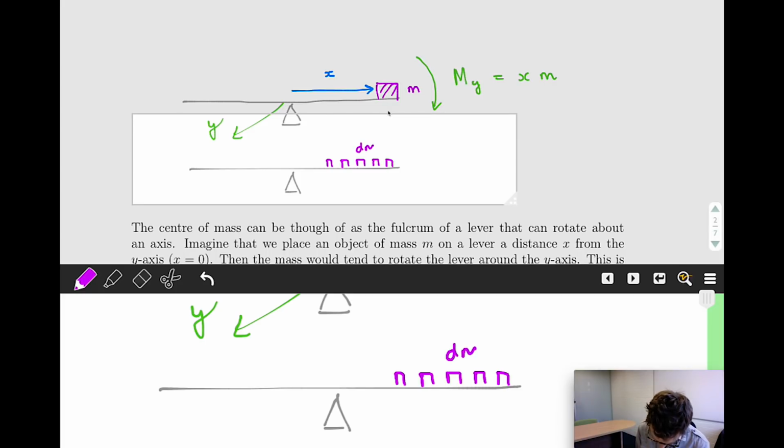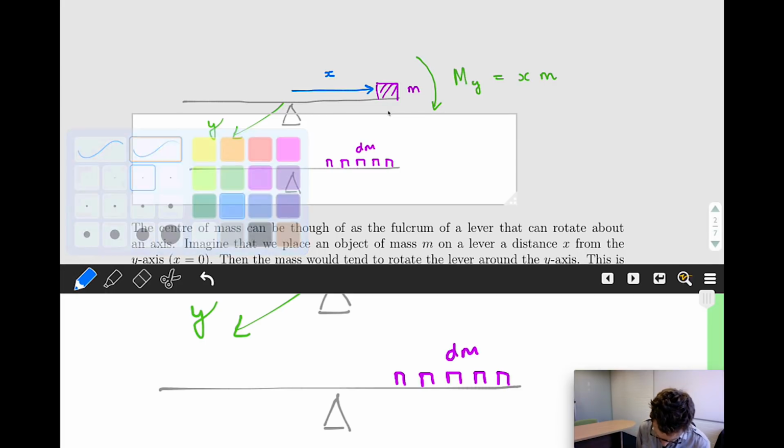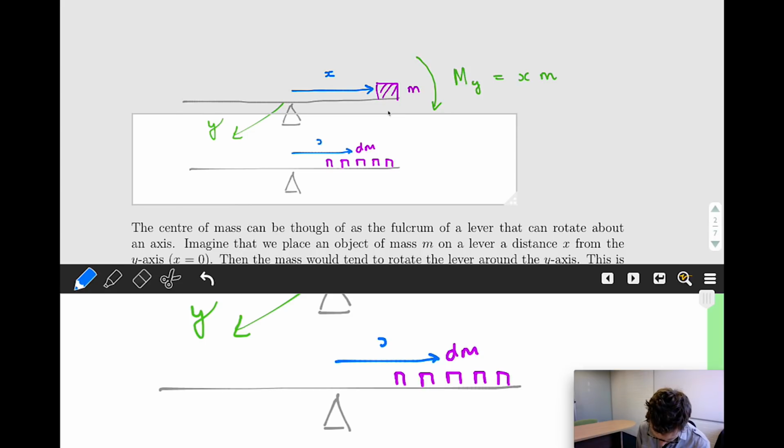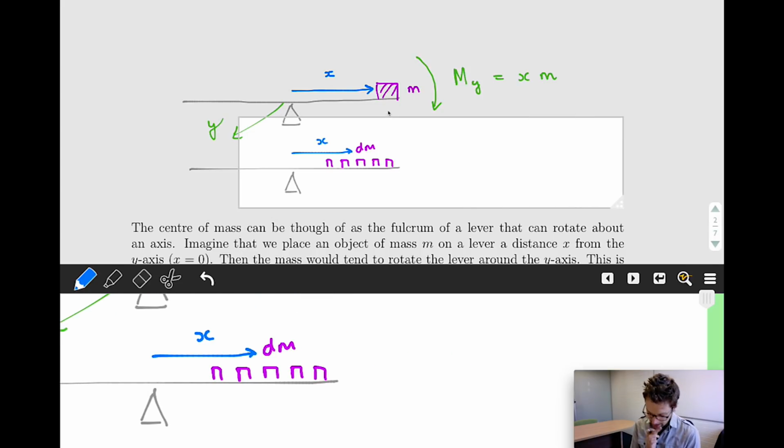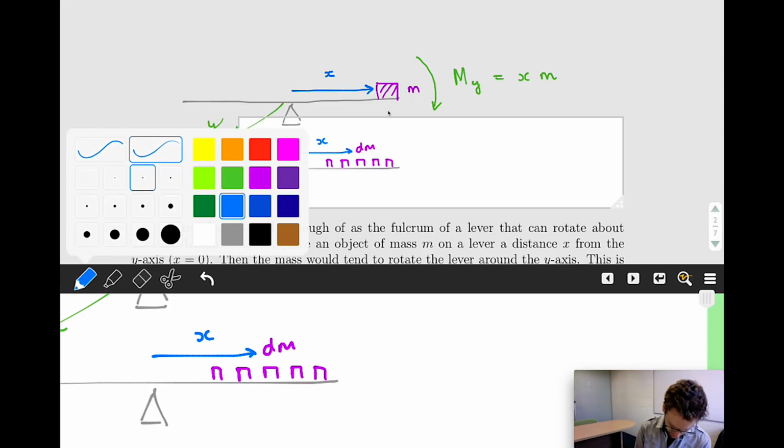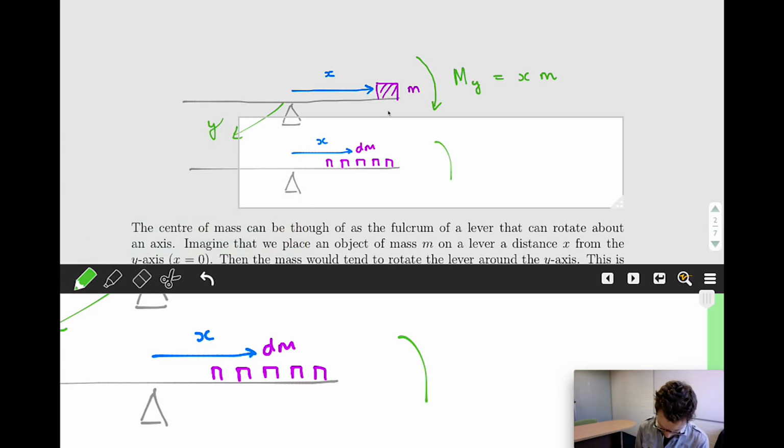Let's call this one delta m, at a distance x from the origin. So you can see that each little infinitesimal mass will have a first moment of x times delta m, the mass times the distance.